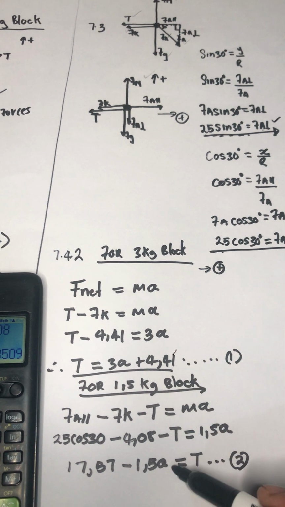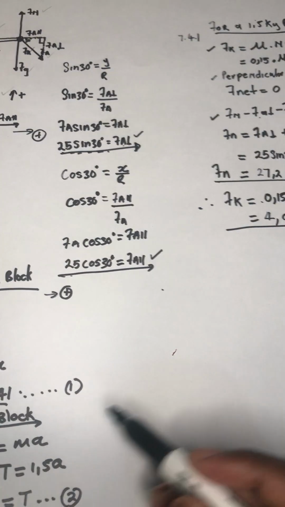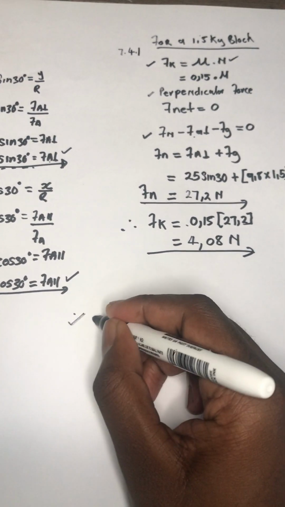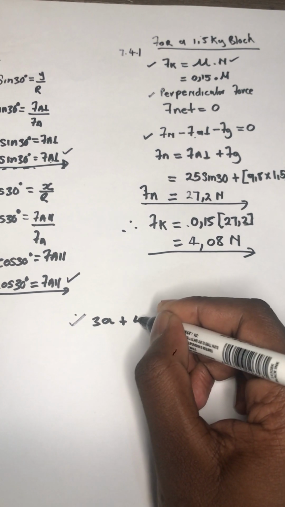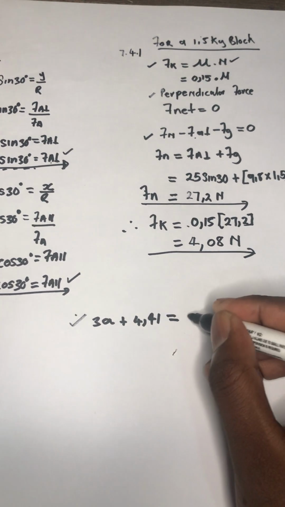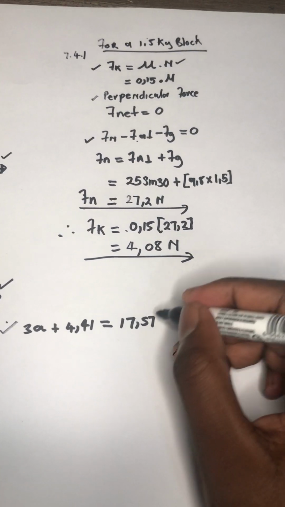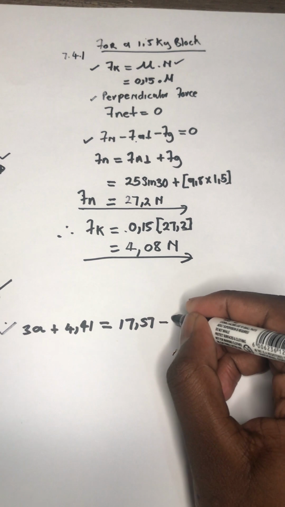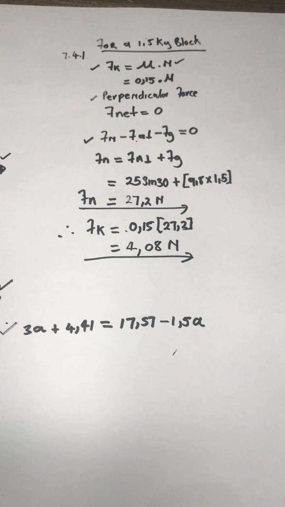Equation 1 equals equation 2 because they are both equal to T. So let's do that: 3a plus 4,41 is equal to 17,57 minus 1,5a.